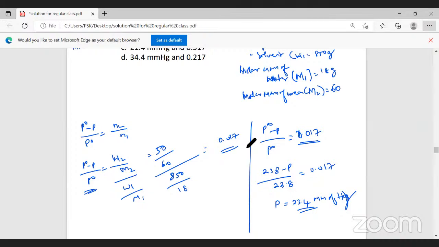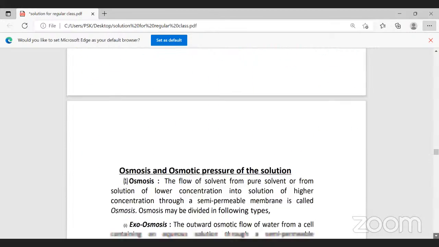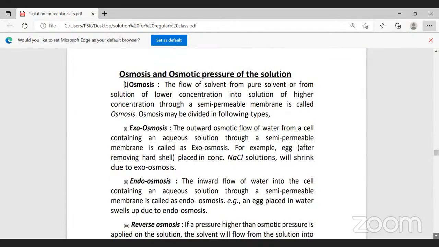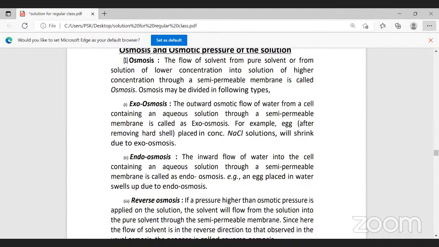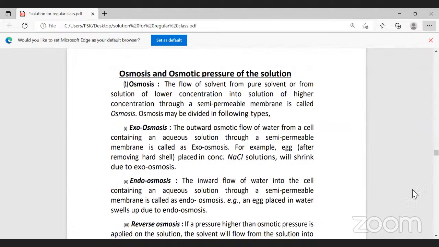We also learned about azeotropic mixtures, and worked out a few problems on azeotropic mixtures and the vapor pressure concept. So the next concept we'll learn today is osmosis and osmotic pressure. What is osmosis and osmotic pressure? We will learn in a minute.